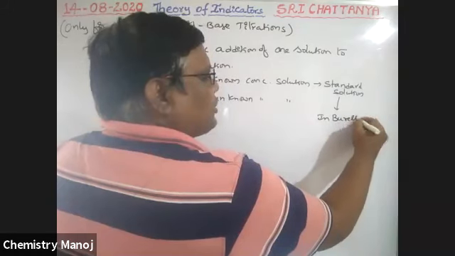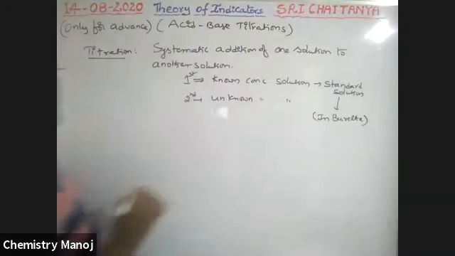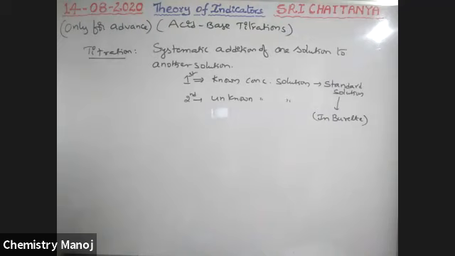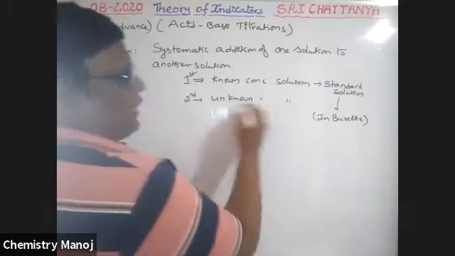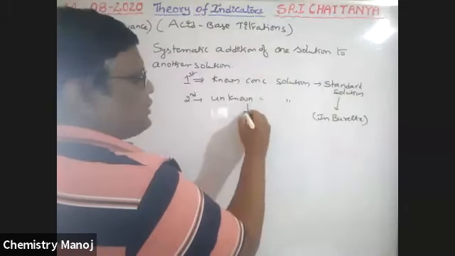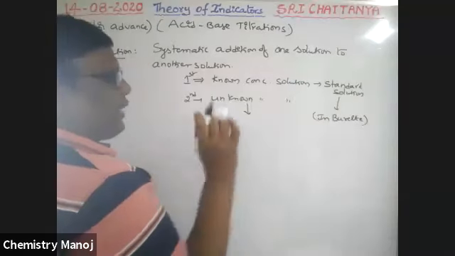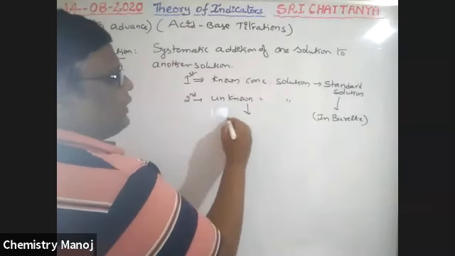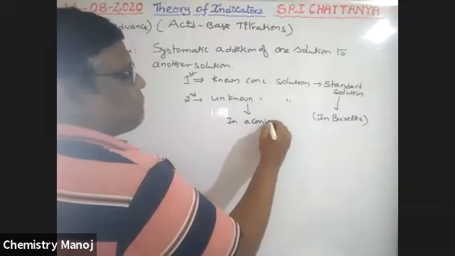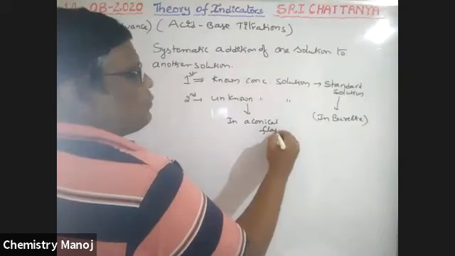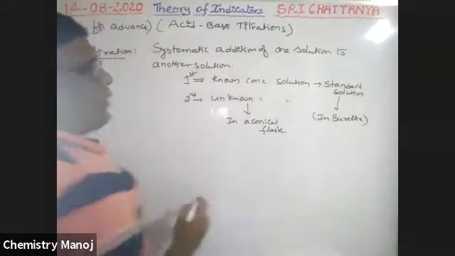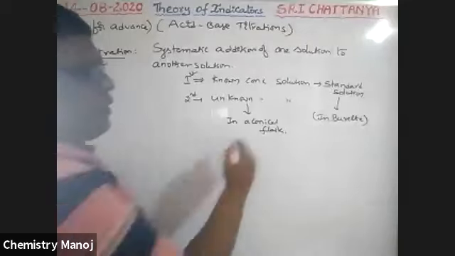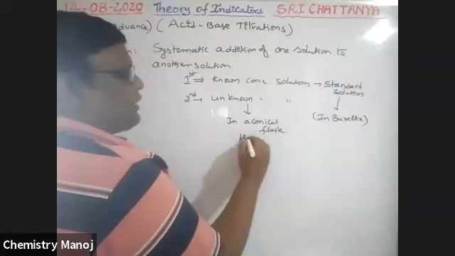In the burette, we take the standard solution, right? And the unknown concentrated solution we take in a conical flask. In the conical flask, a fixed volume we consider.